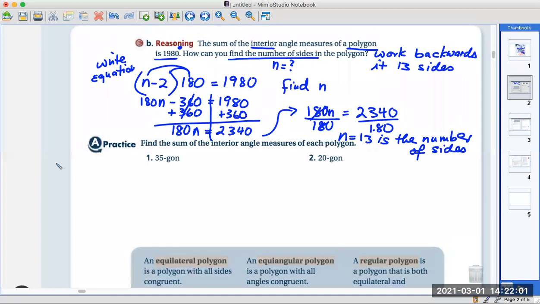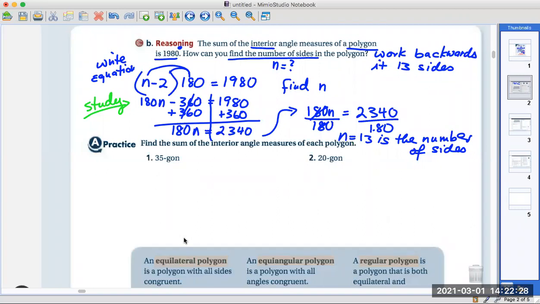Look it over, study. The main thing is you read your question. They're giving you the sum, so you're not finding the sum. You need to find the number of sides, which is n in our formula here. Okay, so this is very, very intricate. So look at it again and see if you can make sense out of it.